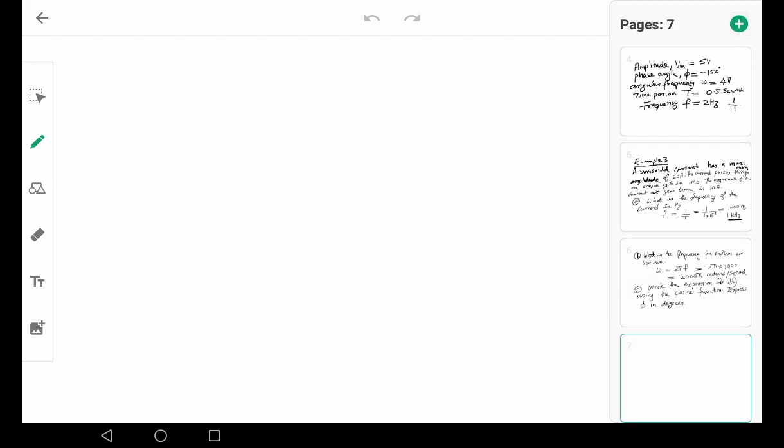You have the maximum amplitude is given by 20, right? Isn't it? And you know the maximum amplitude is Im, right? Or else we can do like this. We can write it as a cos function, right?